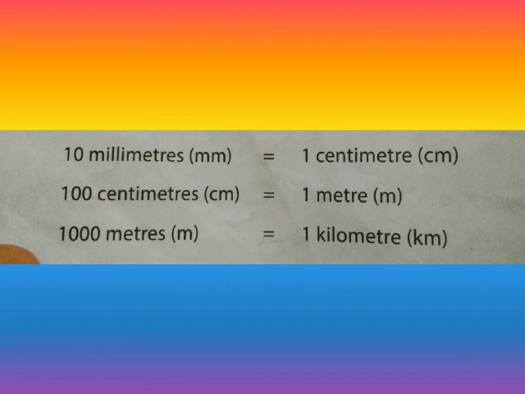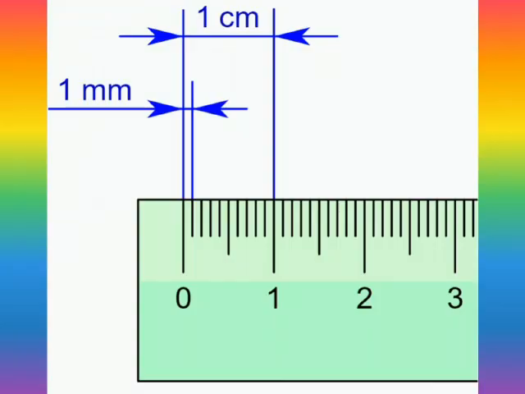If you see the scale, after 0 you will see small lines, that is 10 lines. After that they would have written 1 cm on your scale. So what does that mean? 10 millimeters together form 1 centimeter.